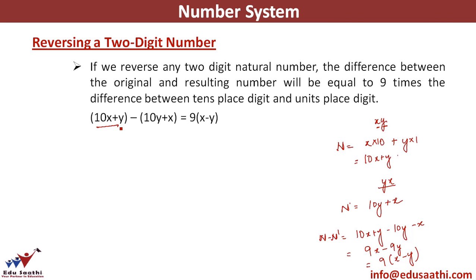So this is the original number, this is the number formed by reversing the digits. The difference of their digits multiplied by 9 is the value that is obtained by subtracting both of them.